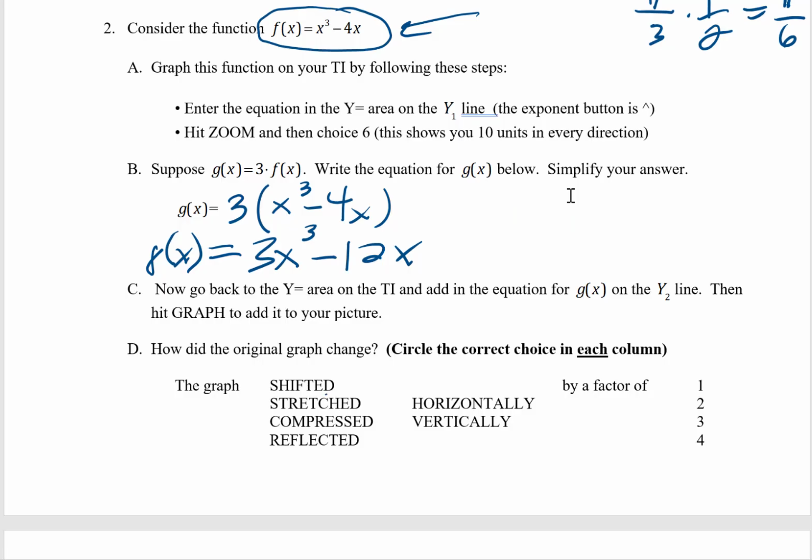So we would say the graph stretched vertically. And how much? Did all the y values double? Did they triple? How did that work? Well, hopefully that's pretty obvious to you. We multiplied all the y values by 3. That's why they're all 3 times as high or low in the case of negatives as they were before. So this thing stretched vertically by a factor of 3.